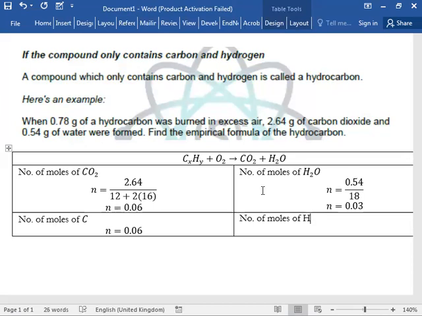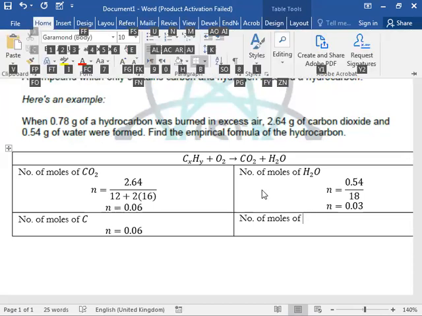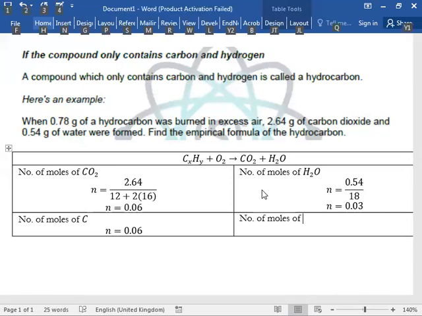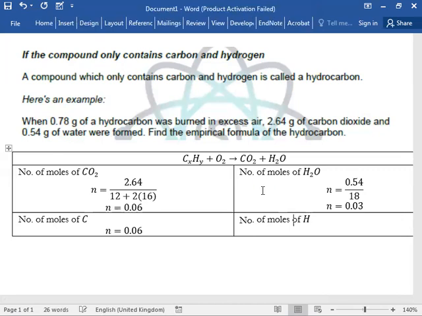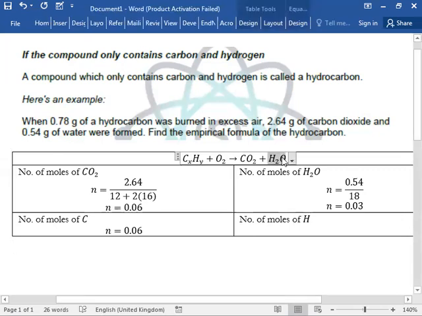Understand the relationship. If 1 mole of water were formed, that means there were 2 hydrogen atoms involved, right or wrong?